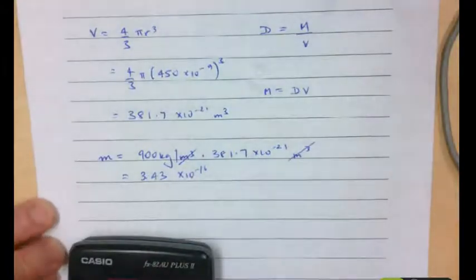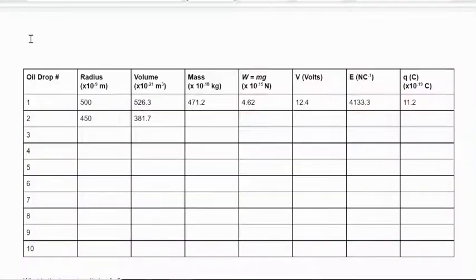Let's see what units we need. We need this to be times 10 to the minus 18. So just setting that with the engineering key, we get 343.5 times 10 to the minus 18. Right, now we know the mass of the oil drop.